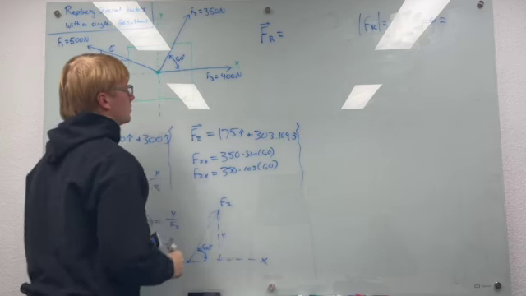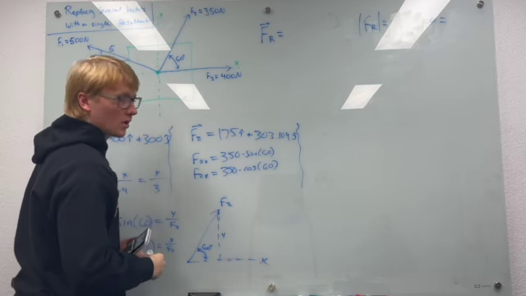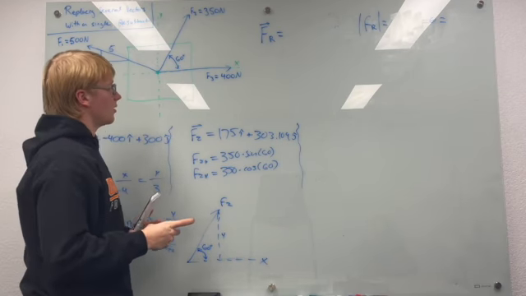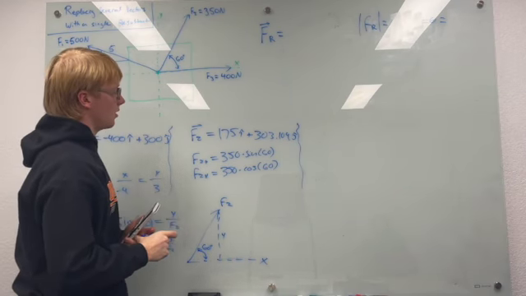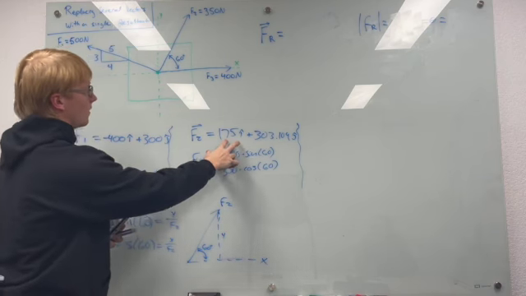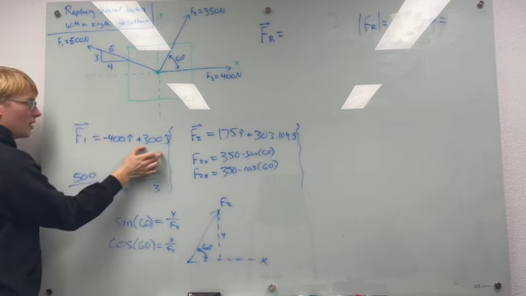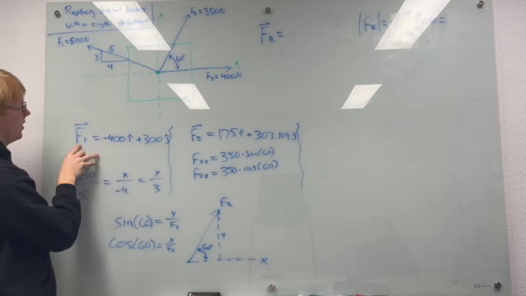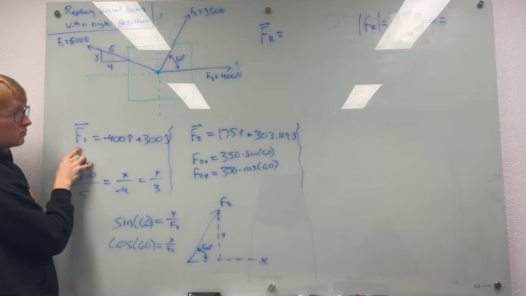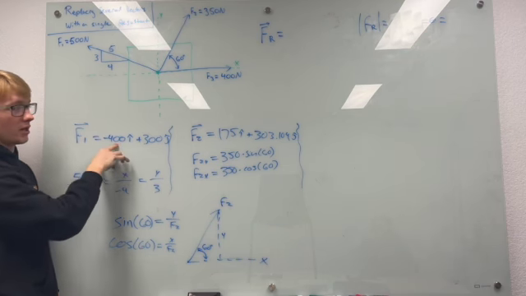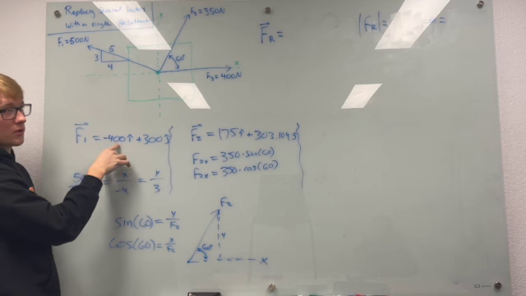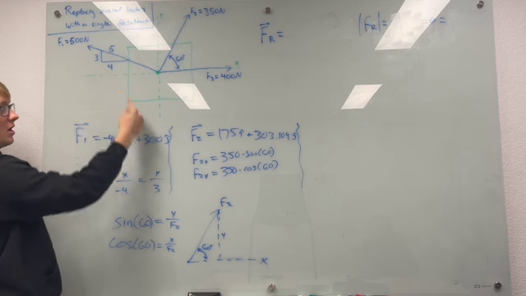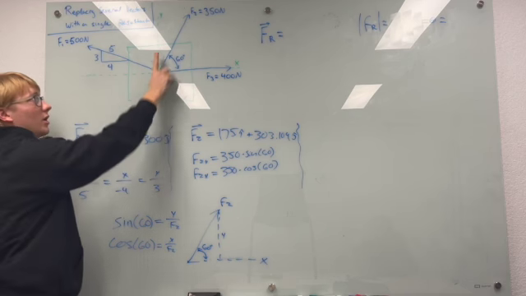The easier one, by far, is F3, since it lies on an axis. Let me back up. What this is saying right here is that this F1 is applying 400 newtons of force directly this way, and 300 newtons of force directly that way.